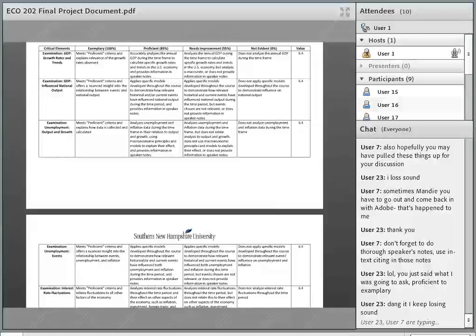This one here, this last page, this top page, unemployment, output, and growth. This one is a very easy way to get to exemplary. So to get to exemplary, all you have to do is explain how the unemployment and inflation data is collected and calculated. So that stuff is from our textbook. And of course, you can find tons of explanations for this online through a simple Google search.